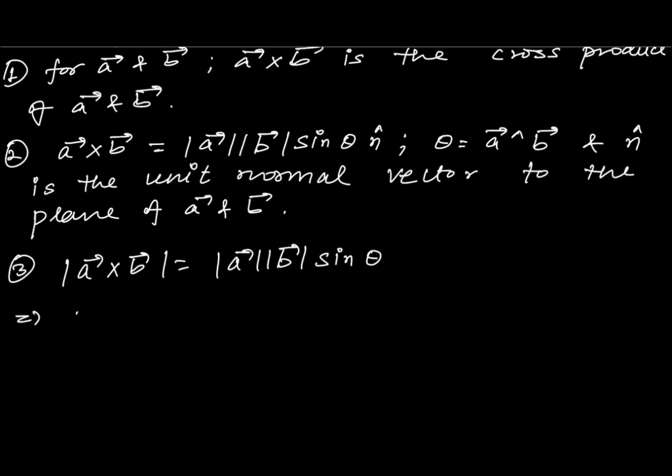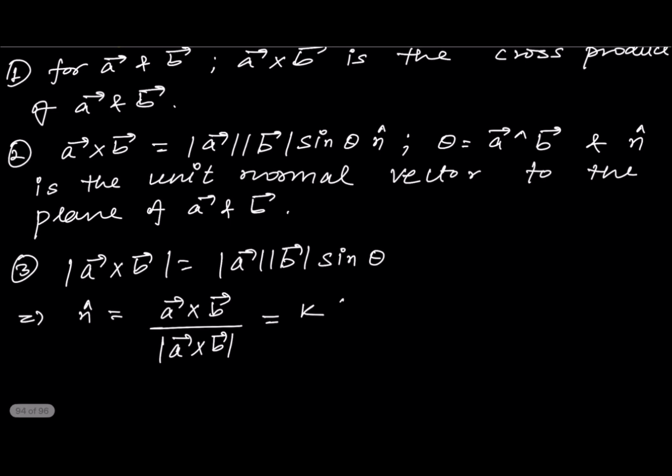So n cap can be written as A vector cross B vector upon mod of A vector cross B vector, right? Or it can be written as K times A cross B, where K is nothing but 1 by mod of A cross B, which is a scalar quantity.